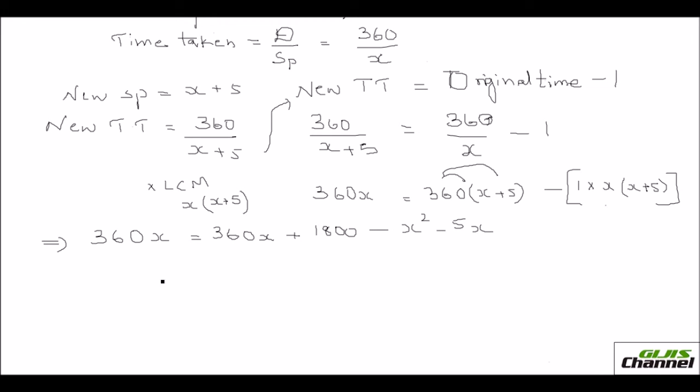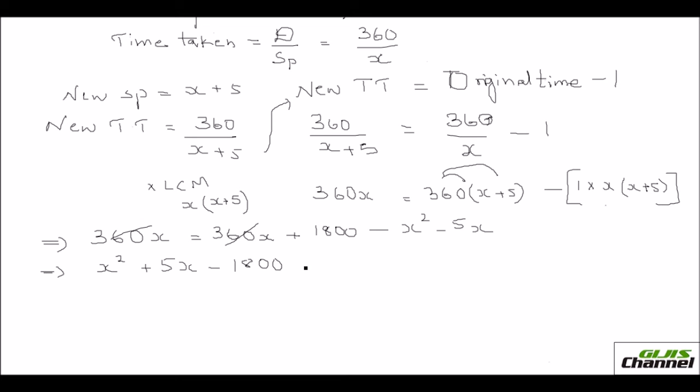Now get everything to one side, bring it to the left. So you get x squared, the 360x will get cancelled, so this is going to be x squared plus 5x minus 1800.